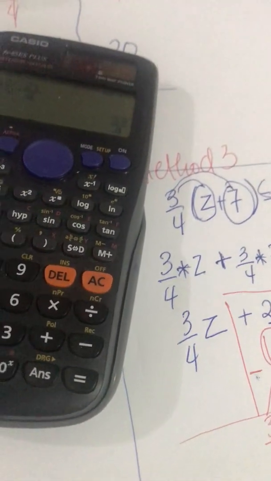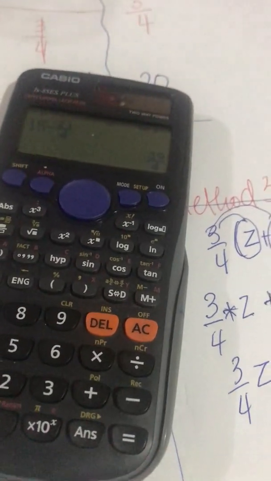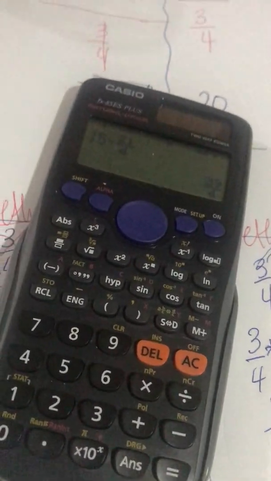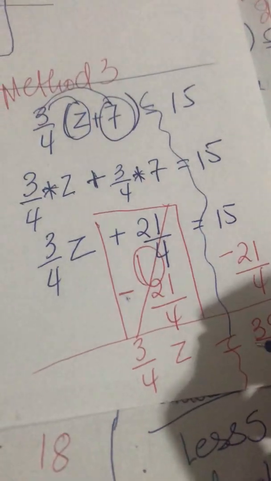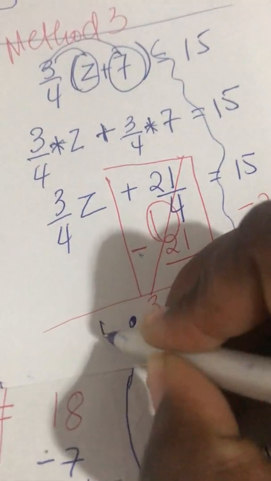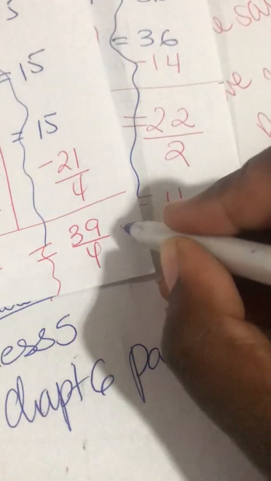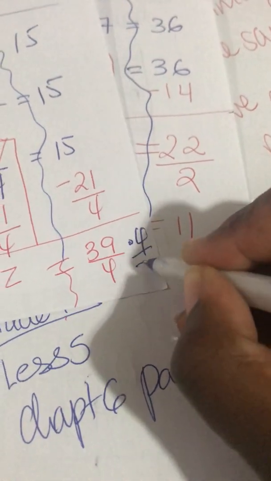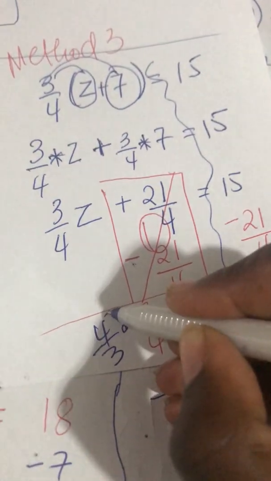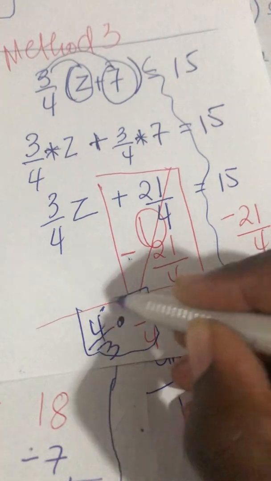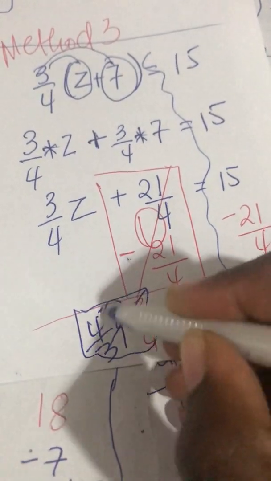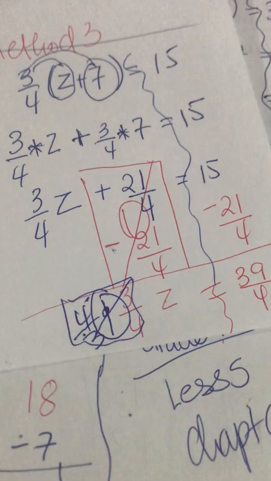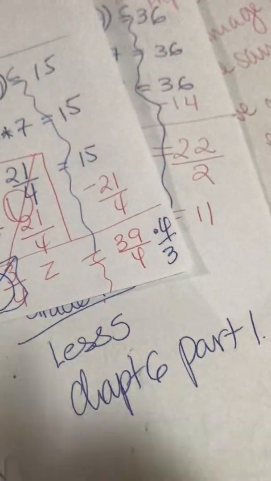And then you do multiplicative inverse. So 4 over 3, 4 over 3. This becomes 1 because a number multiplied by its multiplicative inverse is 1.